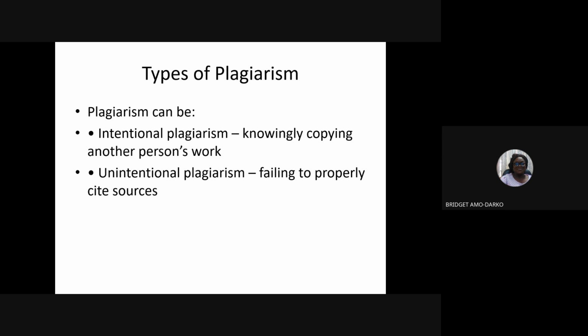So the first one, intentional. The other one is unintentional. You just failed to cite the sources. Sometimes you can cite in the main work, but you forget to add it at the references section. So that is it.